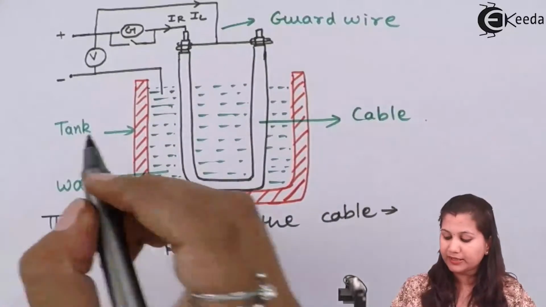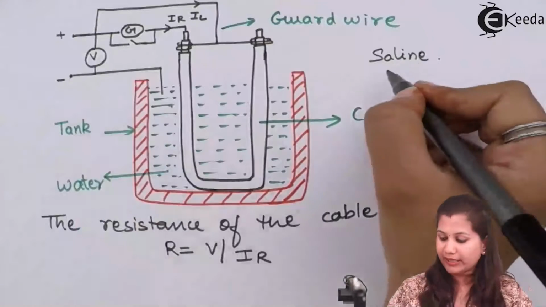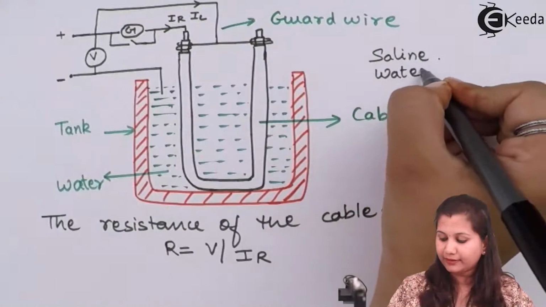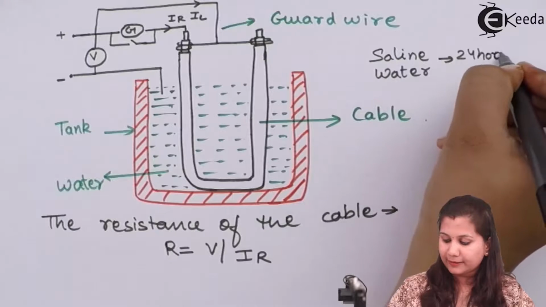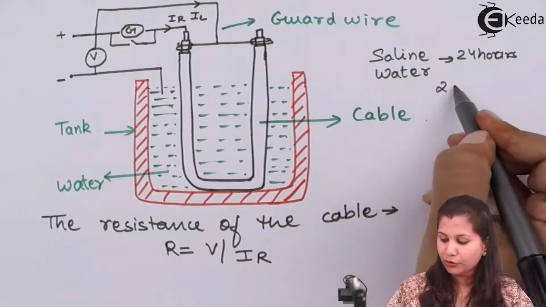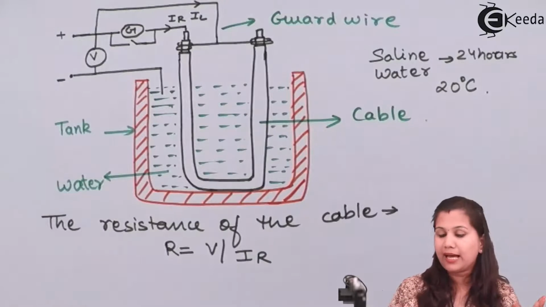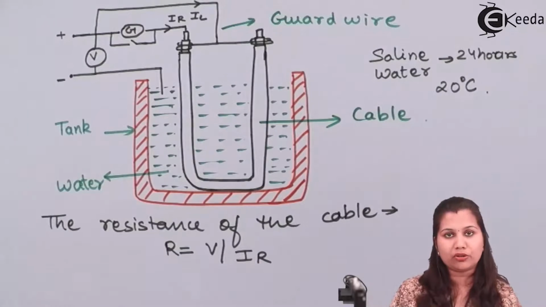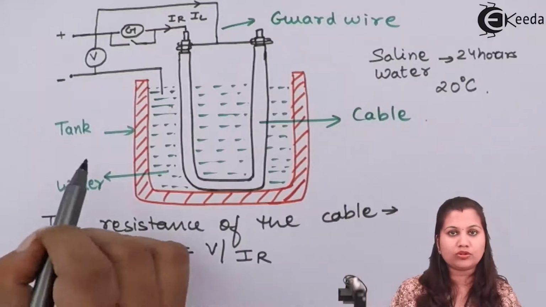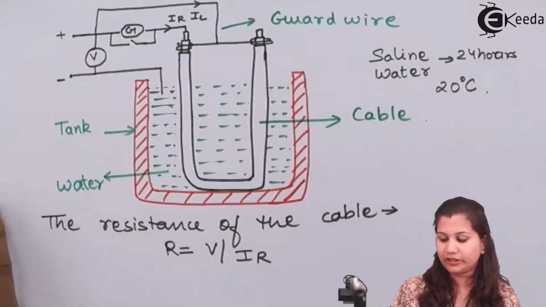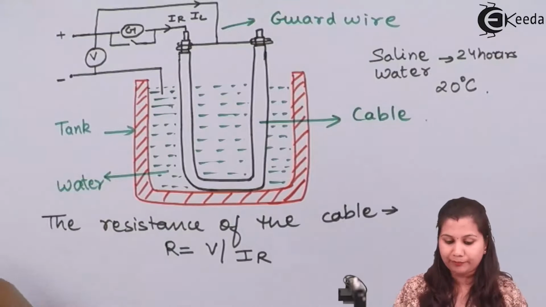Now this water is saline water, and this saline water is kept for 24 hours at a temperature of 20 degrees Celsius. So the temperature is kept constant, and the salinity of the water is also kept constant. Due to these factors, there will be no change in the resistance.